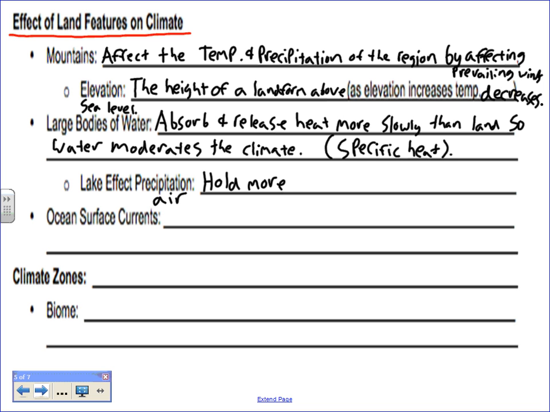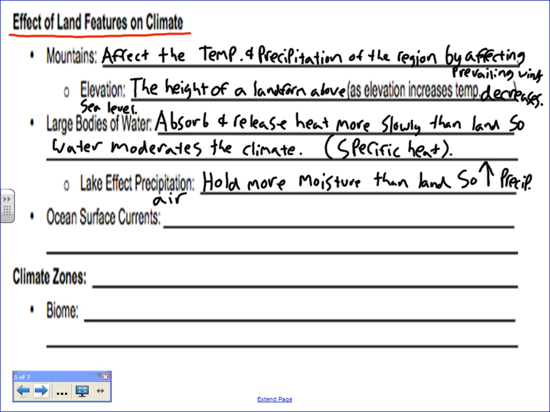Air holds more moisture than land. So increased precipitation. And that's what you're going to see a lot around the Great Lakes. There's going to be increased precipitation because the air is able to hold more moisture, and more moisture is going to go onto that land and create snow. And that's where you get that lake effect snow. And that's one reason why Green Bay gets a lot of snow, because of the lake effect.